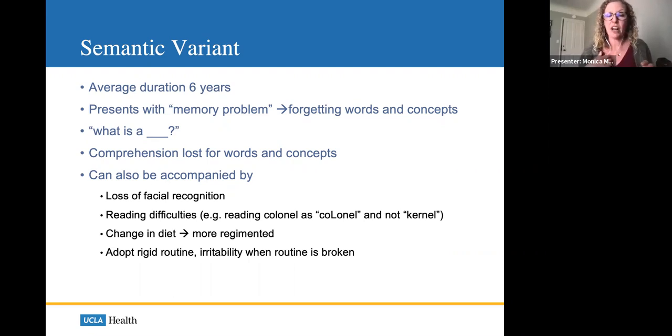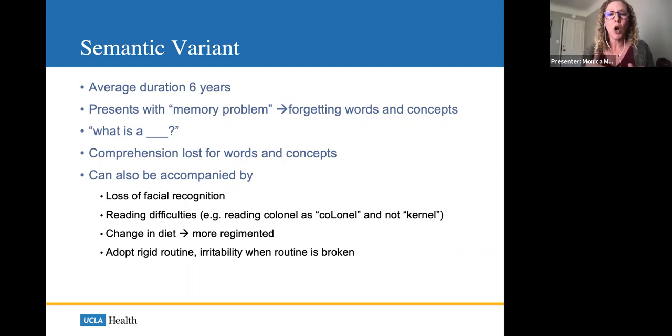The semantic variant also can come with a loss of facial recognition, where they can't identify people's faces anymore. Reading difficulties. For example, on the slide here, it says reading the word kernel not as kernel, and again, the English language is terrible when you think about these things, and it doesn't necessarily make sense.